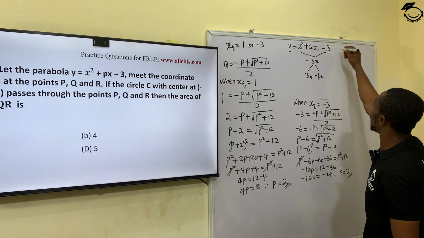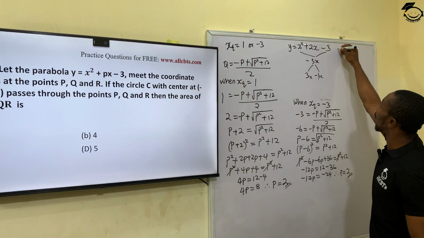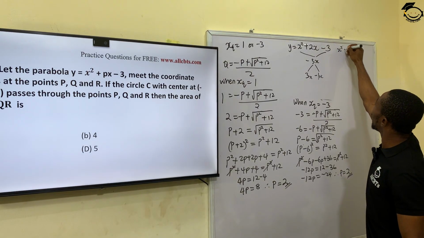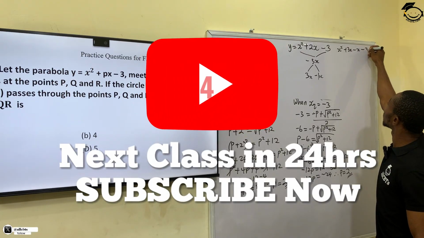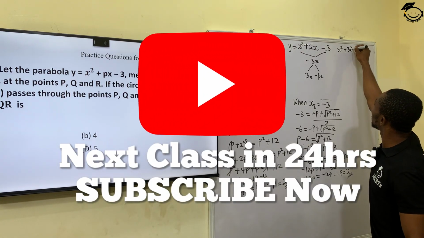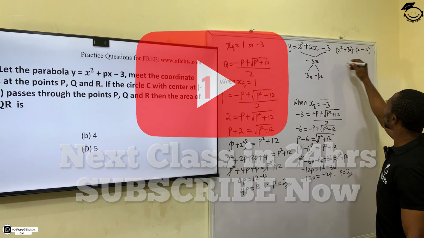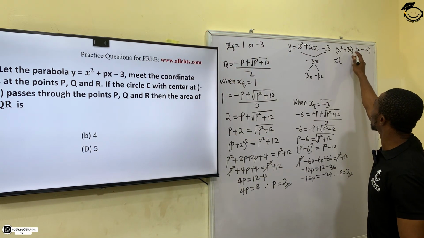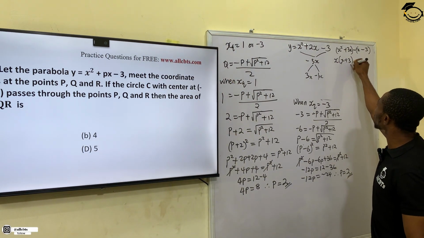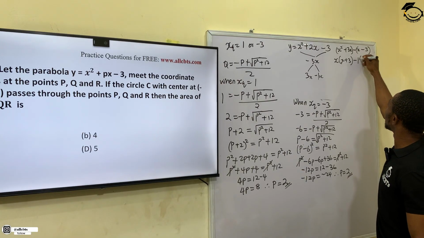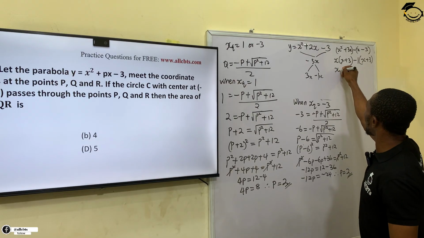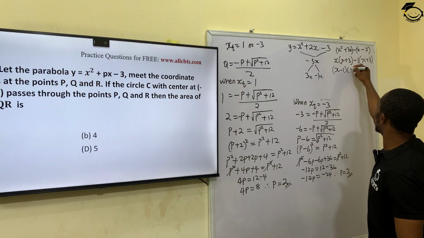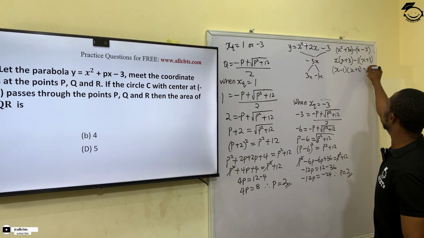So imputing it here, we have x squared plus 3x minus x minus 3. So factorizing this and this, we have x that is common, x plus 3, and minus 1 that is common, x plus 3. So we have x minus 1 and x plus 3 equals 0.